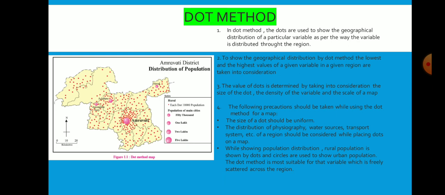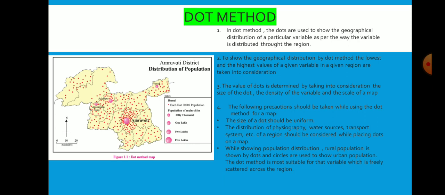To do that, the lowest and the highest value of a given variable in a region are taken into consideration. Accordingly, the number of dots is determined. Also, we need to consider the size of the dot, the density of the variable, and the scale of the map. The number of dots to be given for the value of the variable in each sub-administrative unit needs to be decided first.